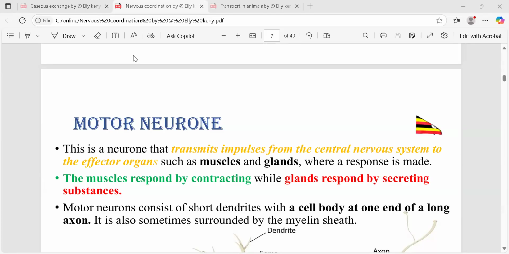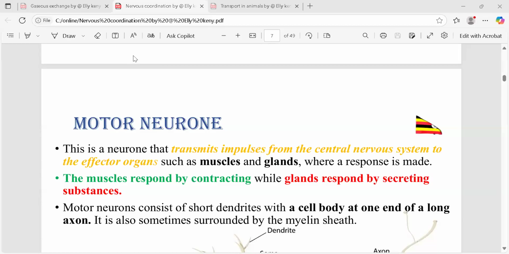The neurons that pick the information from the sense organ, the eye, to the central nervous system shall be the sensory neurons. Then between the sensory neurons and the motor neurons, there are the relay neurons. Relay neurons are responsible for the flow of impulses within the central nervous system.